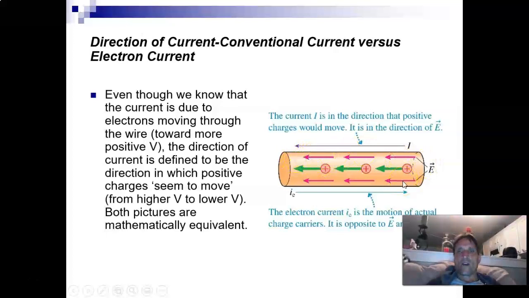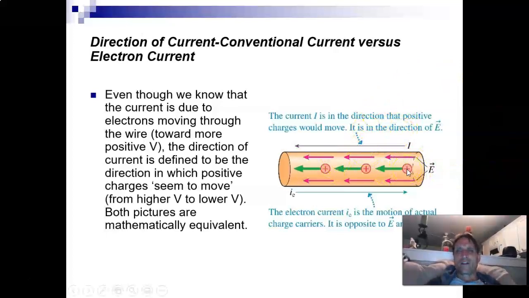However, before they knew which charges were moving, Ben Franklin guessed wrong and guessed that it was the positive charge that was moving. And probably because he was Ben Franklin, nobody wanted to tell him, or they just didn't know then. But they've always kept this sign convention.